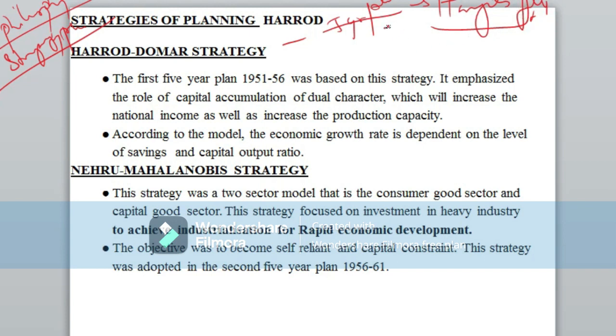So Harrod-Domar model was based on British economists Harrod and Domar, which put forward the capital accumulation in dual character.